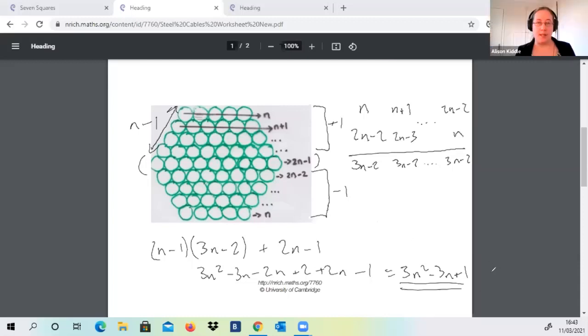Yeah, it makes me think about the different ways of writing this, because this might seem like a simple way of writing it, but you could express it as 3n(n minus 1) plus 1 instead.